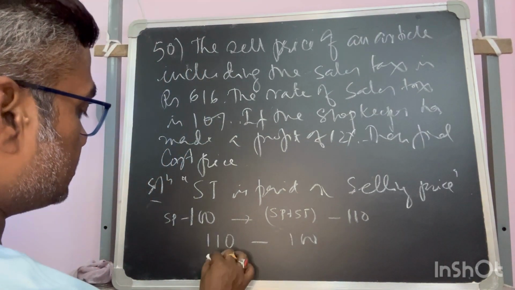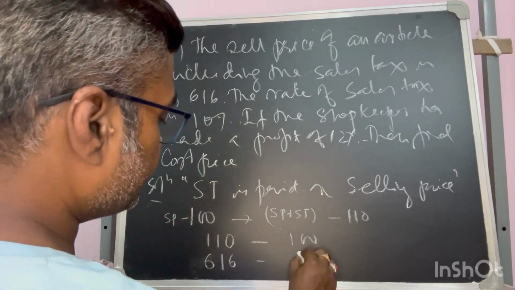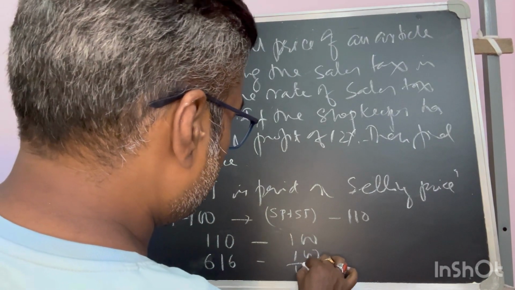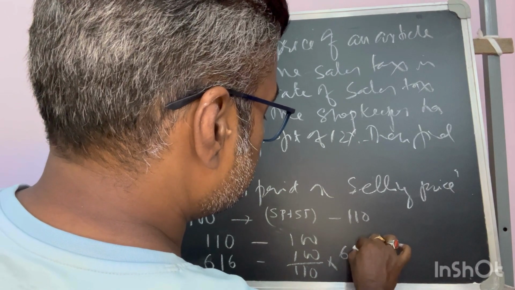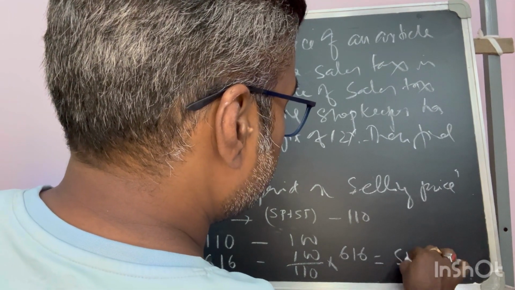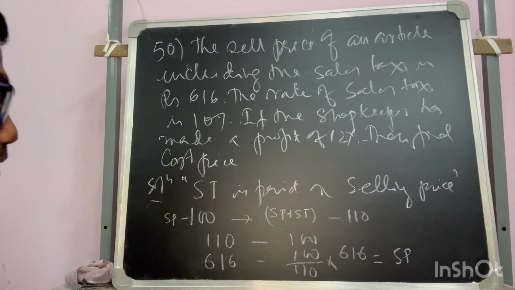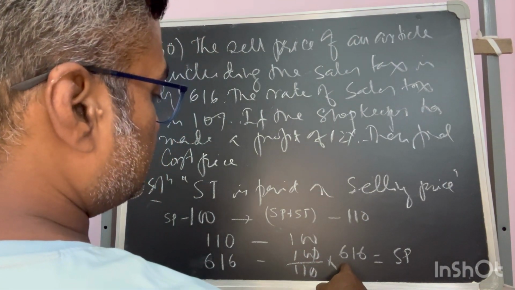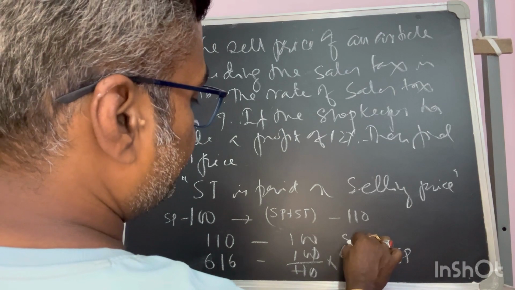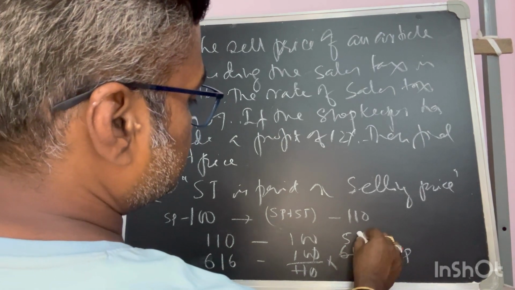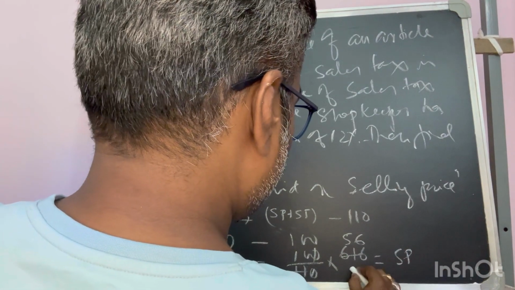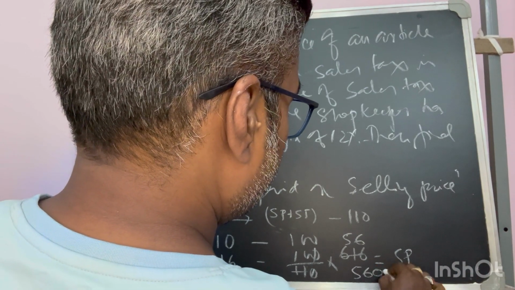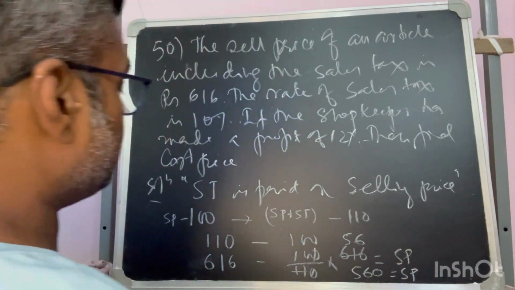So 616 against what? 100 upon 110 into 616. This will give your sales price exactly. 11 5 is 55, 6 6 56. So I am getting 560 as the selling price.